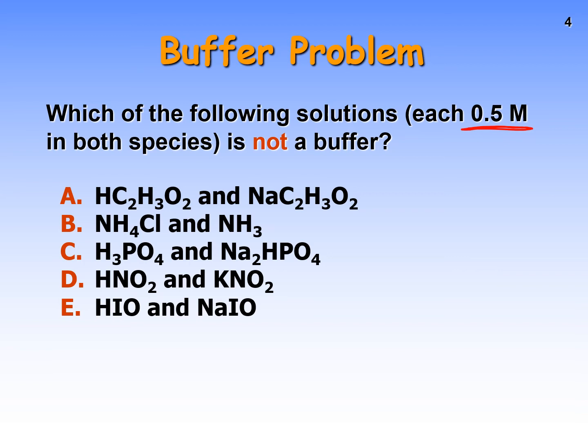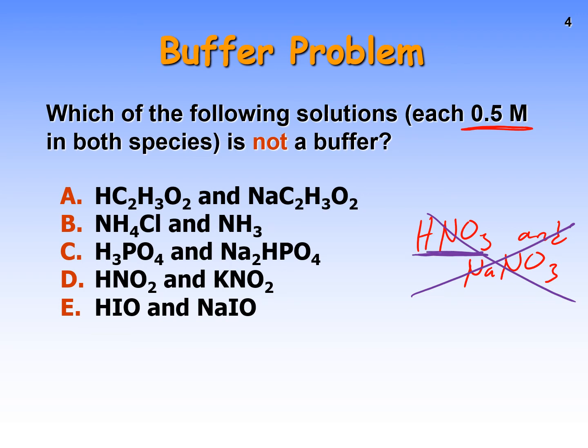At no point can we be dealing with a strong acid. So for instance, if I said, hey, we have HNO3 and NaNO3, this is not a buffer because HNO3 is a strong acid, and in order to form a buffer solution, you have to have a weak acid and its conjugate base or a weak base and its conjugate acid. Weak is a key word here.